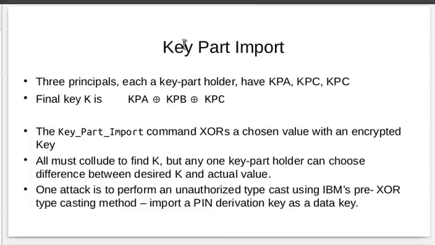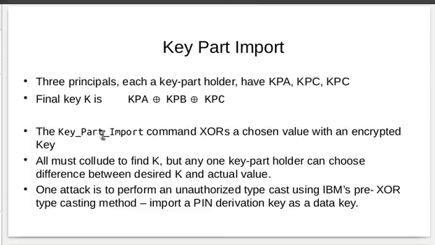So one of the problems was with the function called key part import. Just like with the Visa security module, you might have three principals, each being a holder of one part of a key. So let's say KPA, KPB, and then KPC. And then the final key K would be a combination of the exclusive OR of these three parts.